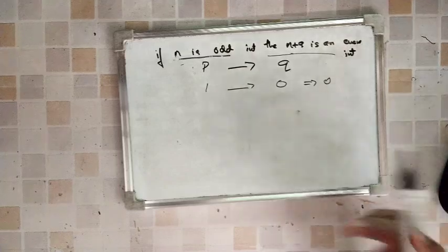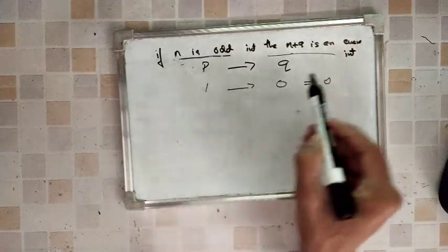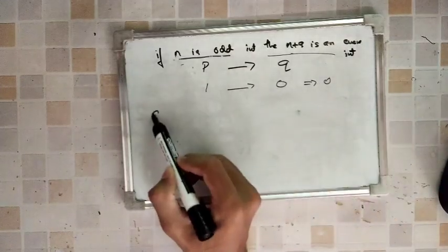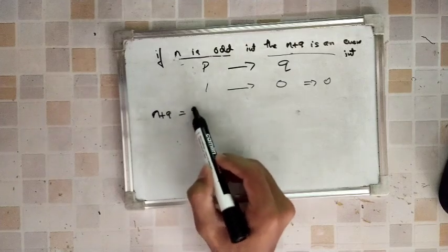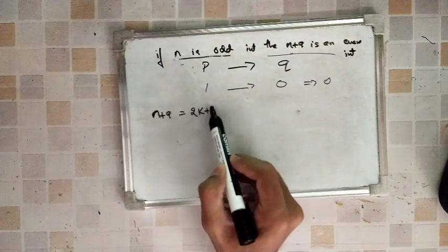Now see here, now I am considering that n plus 9 is odd. Since n plus 9 is odd, then n plus 9 is equal to 2k plus 1.